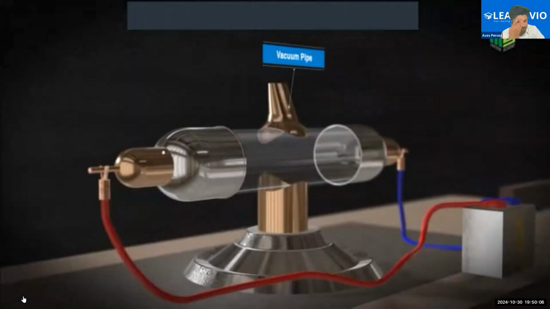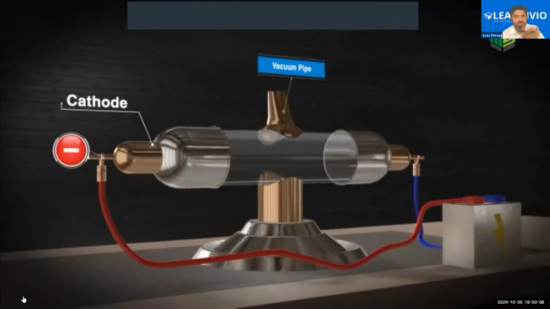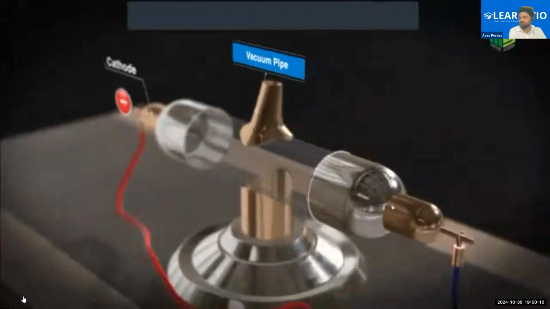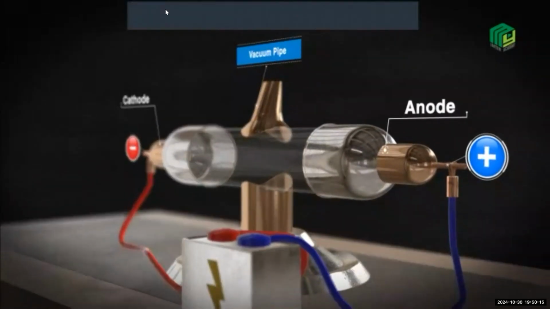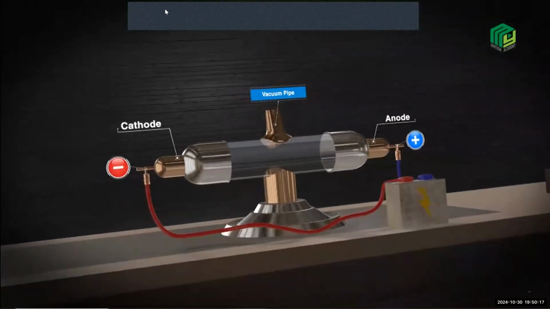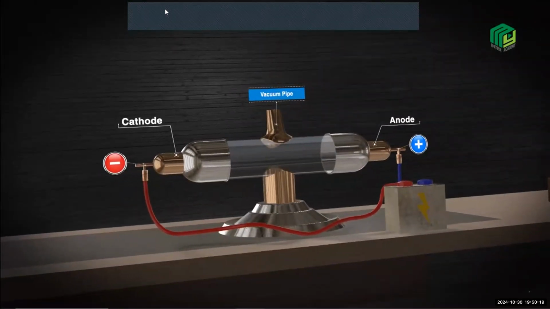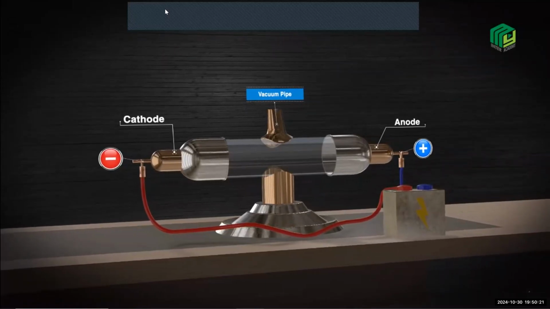The cathode of the tube is connected to the negative terminal of the battery, and the anode of the tube is connected to the positive terminal of the battery. It was observed that, at normal pressure, the gas did not allow the current to pass through it.